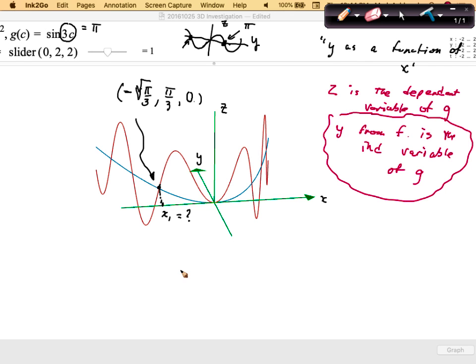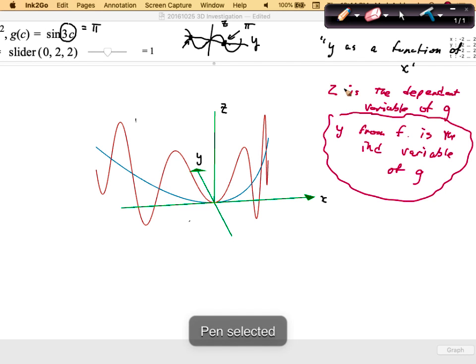Okay. Another question. So now, this point has coordinates x2, y2, z2.